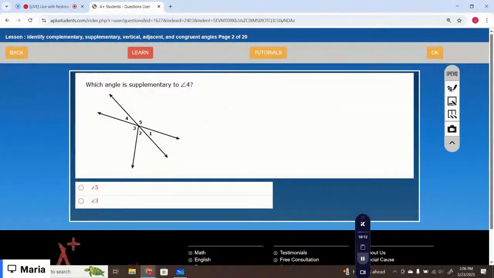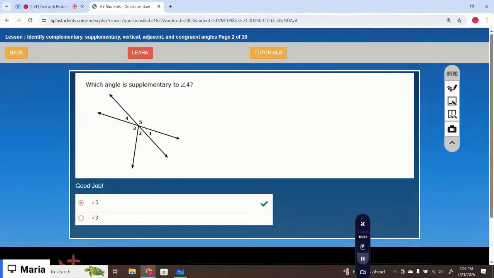Which angle is supplementary to angle 4? Supplementary to angle 4 is angle 5. Option number 1 is the correct option.